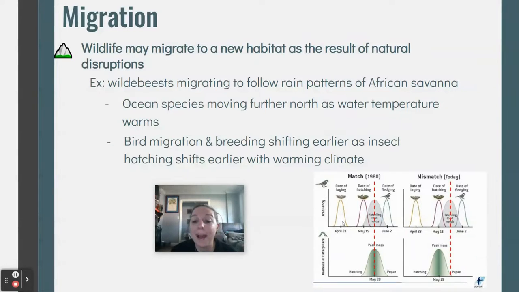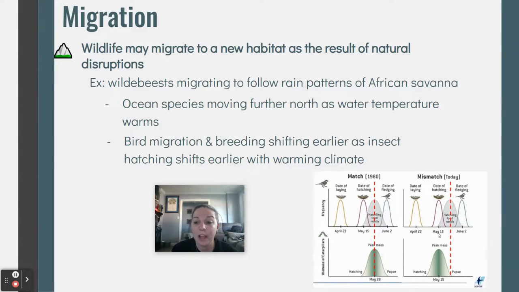In the past, when the birds were migrating, they would come back in time to lay their eggs just in time for them to hatch right before the peak mass of the caterpillar hatching. So it lined up really well. There was a lot of food available for those little hatchling birds. And so they got enough food, they were able to fledge, go on and live their life.